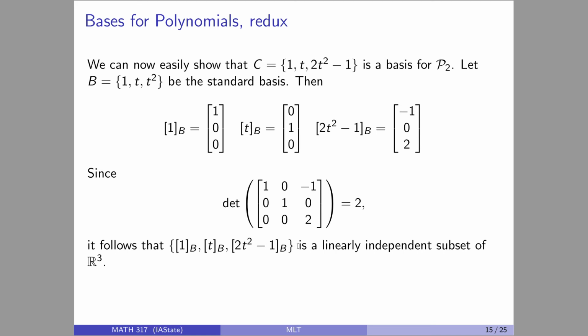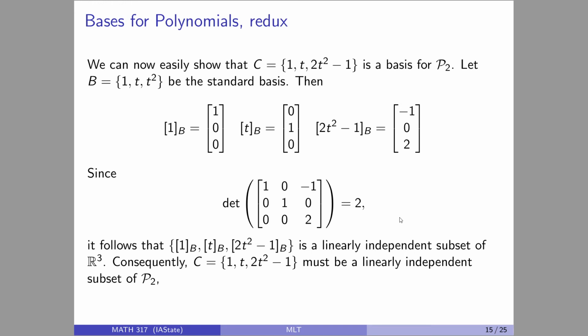So, this set is in fact linearly independent, right? This collection of things in R3, the matrix formed by gluing it all together is linearly independent. That tells me this is linearly independent, and since it is the same size, it must be a basis. There we go. Boom. So I now know that's a basis for P2.